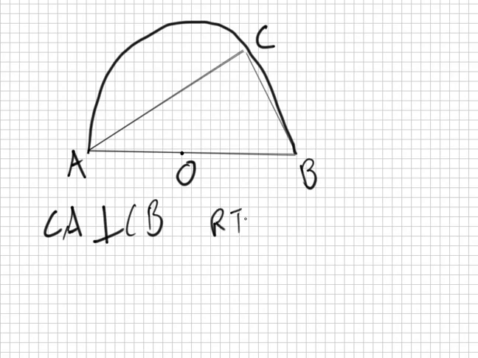does anybody know what these letters mean, RTP? No? It means I'm required to prove that CA dot CB equals 0. So if I want to show that they're 90, basically I need to show that the dot product between them is 0. So let's start off.